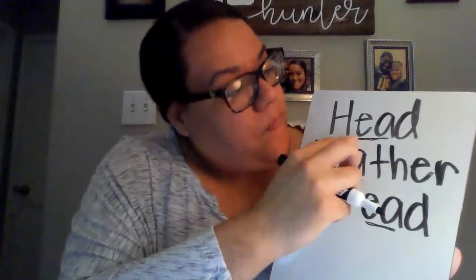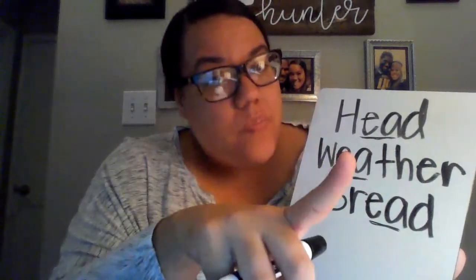When I see EA and they sit together in a word, I'm going to read it like short E. And remember, short E says eh, like edge. So if I see EA sitting next to each other in a word, I'm going to read it like short E.